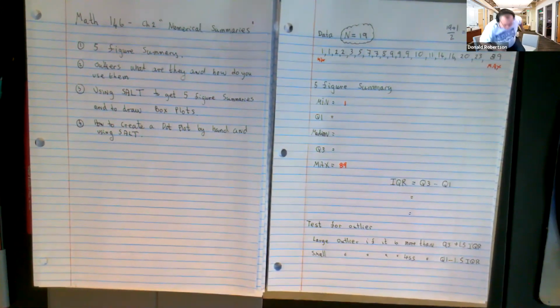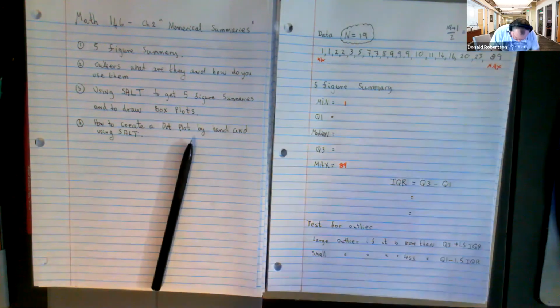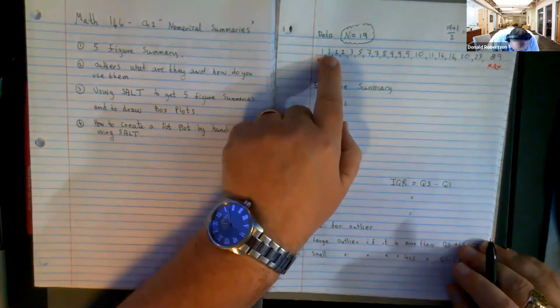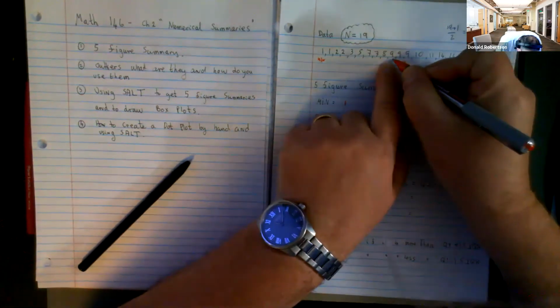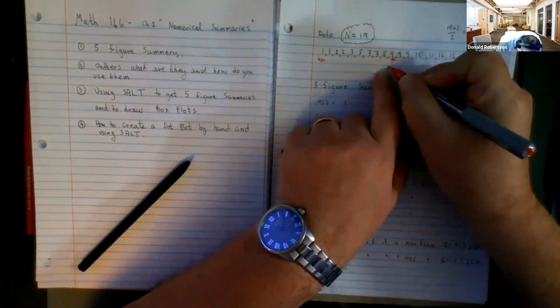Right, remember that little trick? How do I know where the middle is? Well, when there's an odd number of numbers, like in this case, there's 19 of them, the middle number will be guy number 10. So here goes. 1, 2, 3, 4, 5, 6, 7, 8, 9, 10. That guy there is the median.